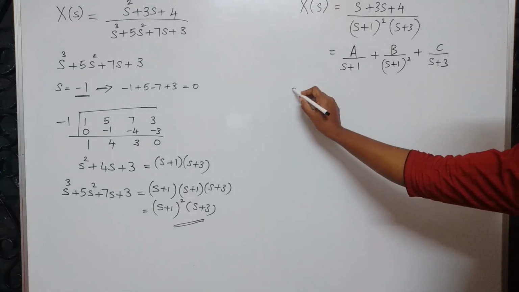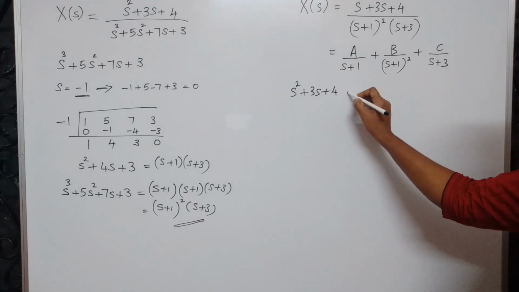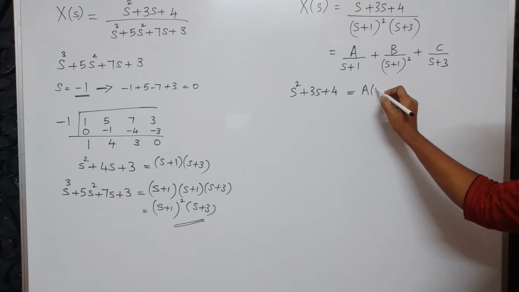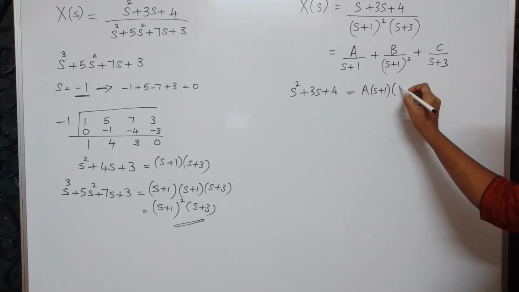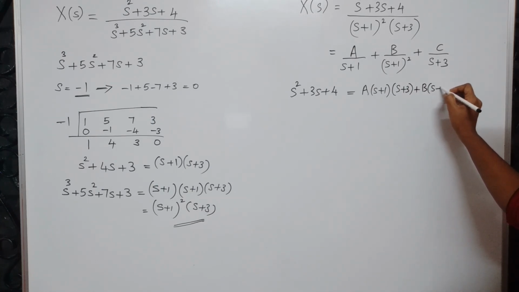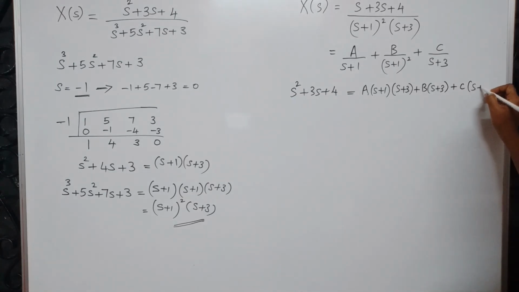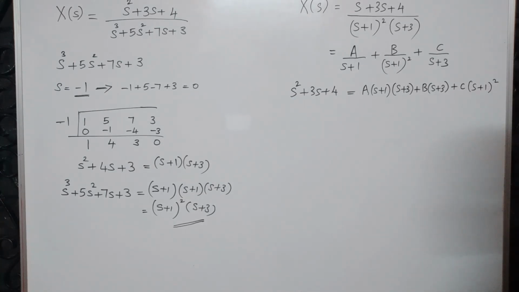Or we can compare the numerators equal to a into s plus 1 into s plus 3 plus b into s plus 3 plus c into s plus 1 the whole square.